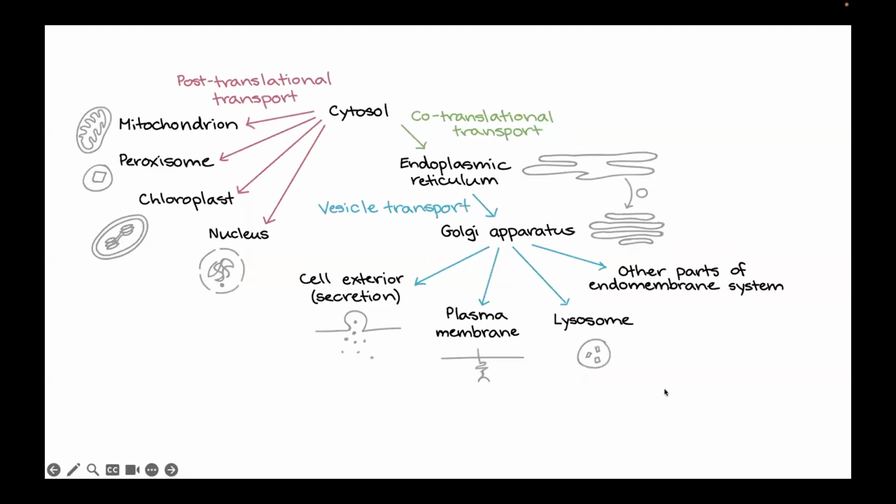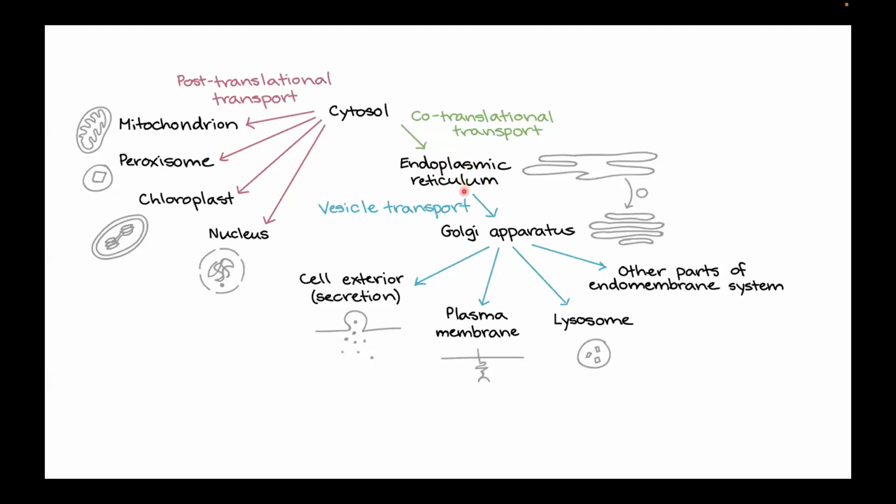Okay. Now, I want everyone to be familiar that the endoplasmic reticulum is here. From the cytosol, proteins, we're going to zoom into proteins, will be processed in the endoplasmic reticulum. This is an example of co-translational transport.